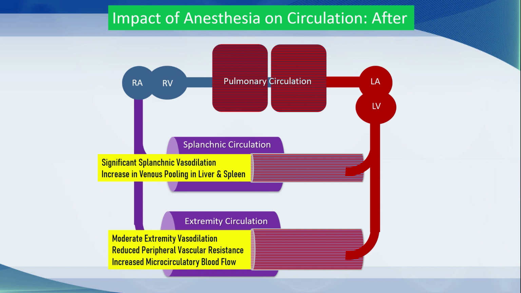So the peripheral vascular resistance falls, but simultaneously it falls because the microcirculation opens up and there is more runoff for blood to go into. So there's more space in the circulation for blood to flow into. And because of that, resistance falls. Giving the opioids and the other anesthetic agents reduces central adrenergic activity, increasing vagal tone, reducing heart rate.